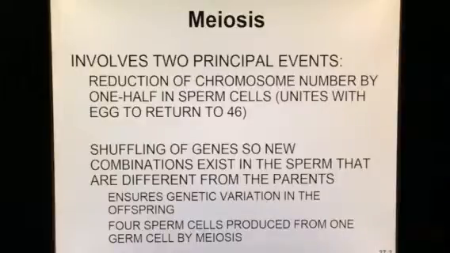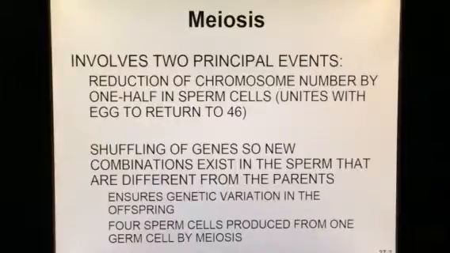The first one is that there is a reduction of chromosome number. So that means by the end of meiosis, the original chromosome number has been cut in half. And this is because meiosis is making sex cells, and we need those sex cells to have half of the chromosomes, because when they get fertilized, that will restore the full number.